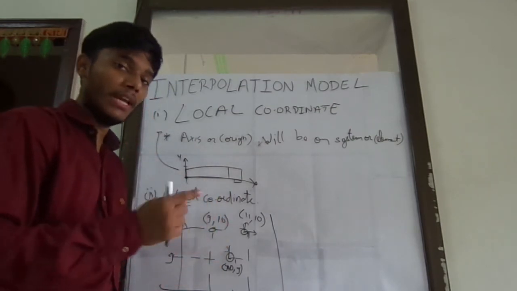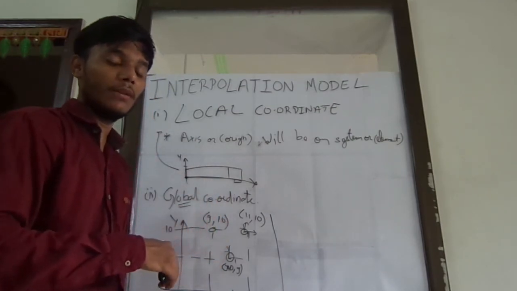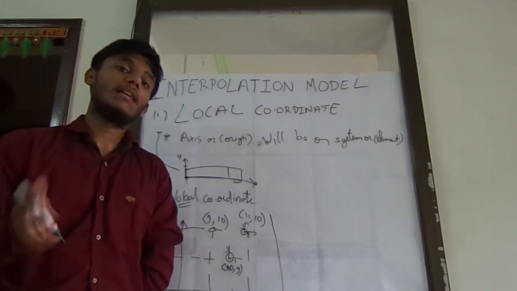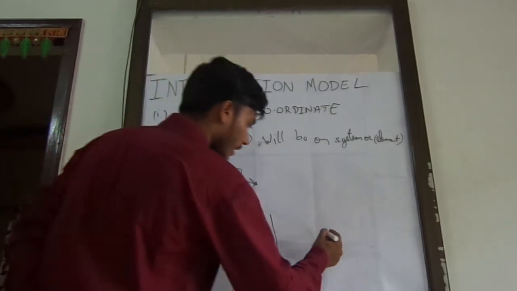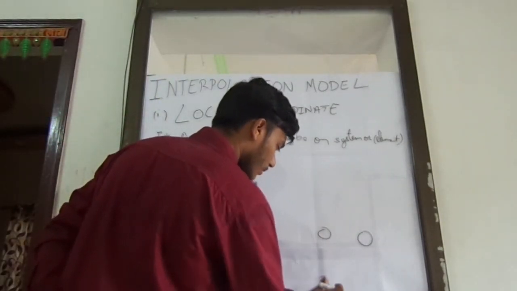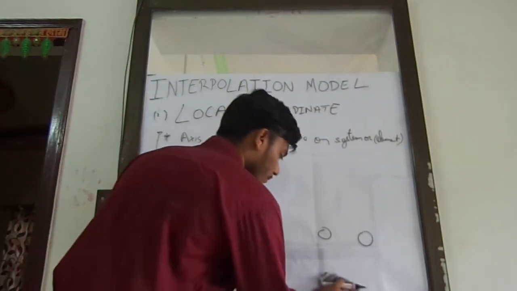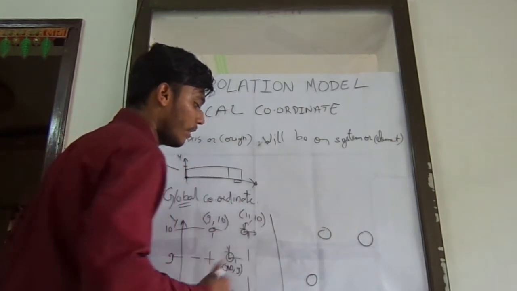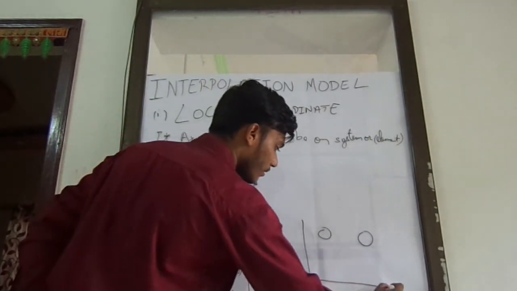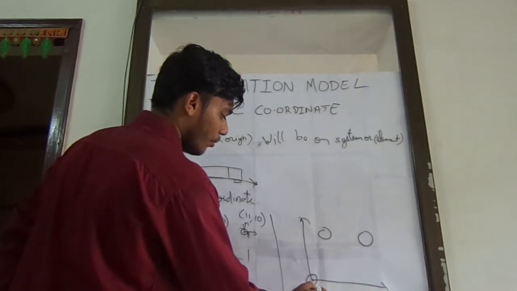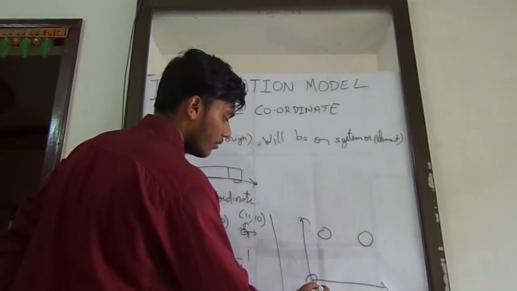Now I told you it may be away from the element. Is there a situation in which the axis will be on the element? Yes, there is. Let's say again we take three elements, one here, here, and here. Now I am taking the axis on this element. So for this the point coordinate is 0, 0.